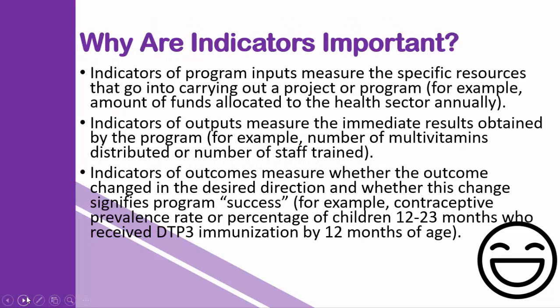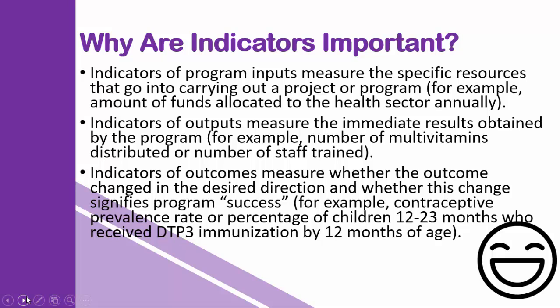So why are indicators important? All right. Indicators are so important and it cannot be overly emphasized. If you don't have indicators, how are you going to measure change? And one of the things you also need to realize is that indicators should be properly developed.